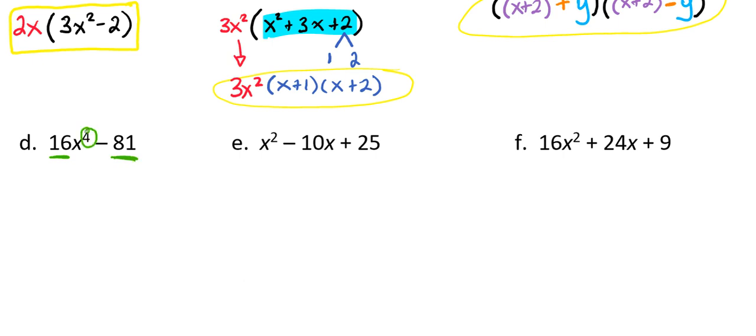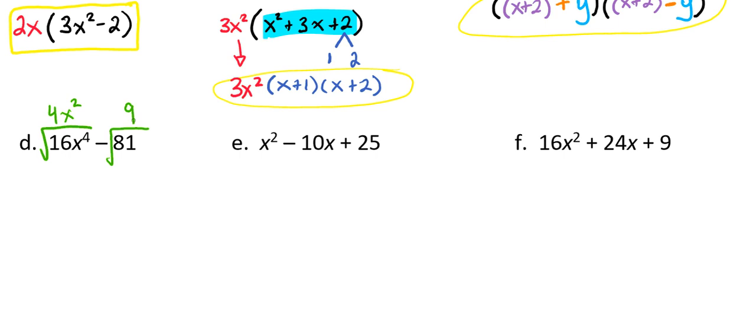and so is my power of 4. So I think I can use the same trick that I used on our last one, the difference of squares. So I'm going to square root my first piece and square root my second piece and get it set up. So I'm going to have a 4x squared here as my answer, and a 9 here.